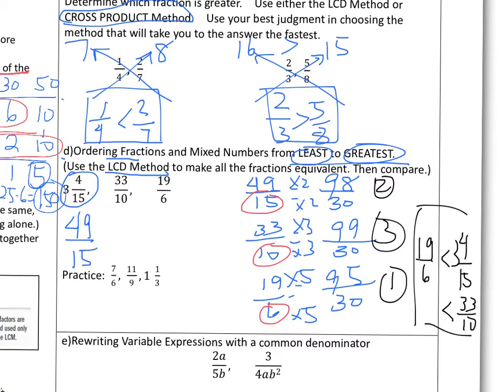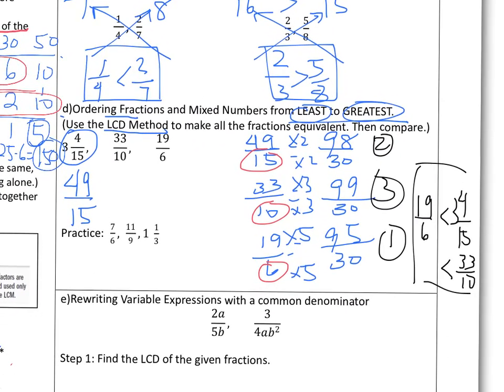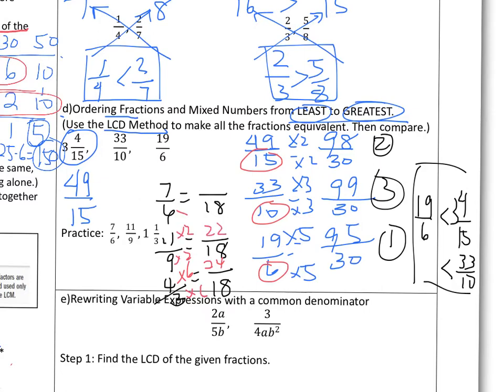And we get into a practice problem here. We have 7 over 6, 11 over 9, and I'm going to convert this to 4 over 3. And I see that they share a common multiple of 18. 3 times 6 times 6, 24, times 2 times 2, 22, times 3 times 3, 21.